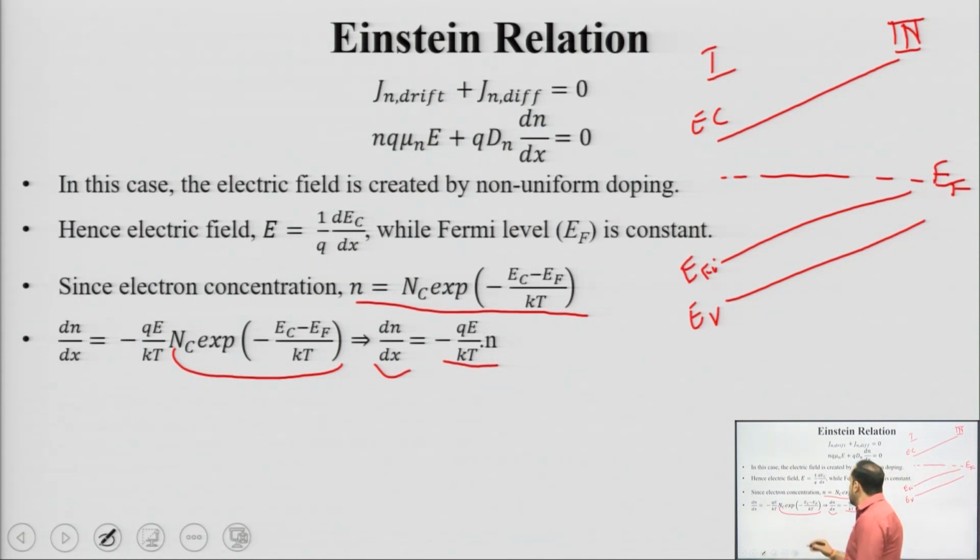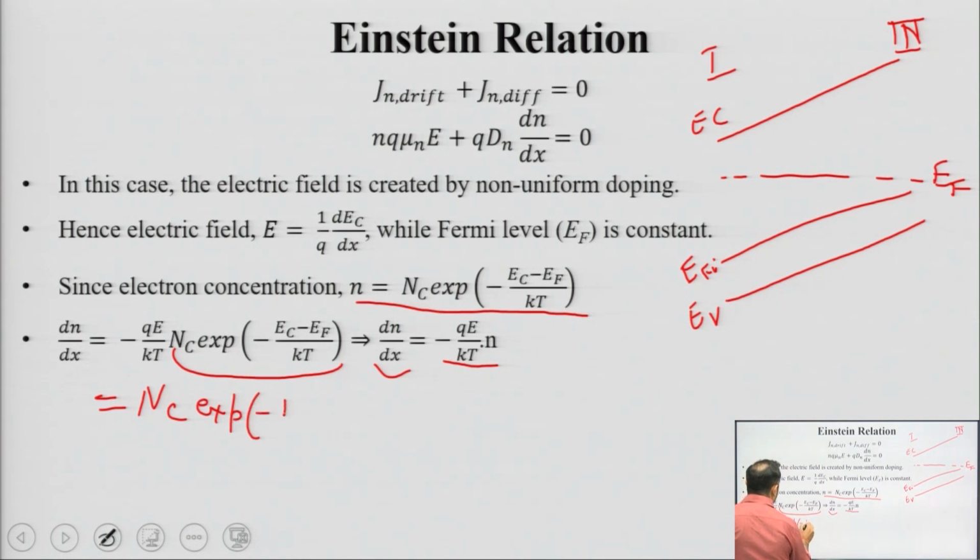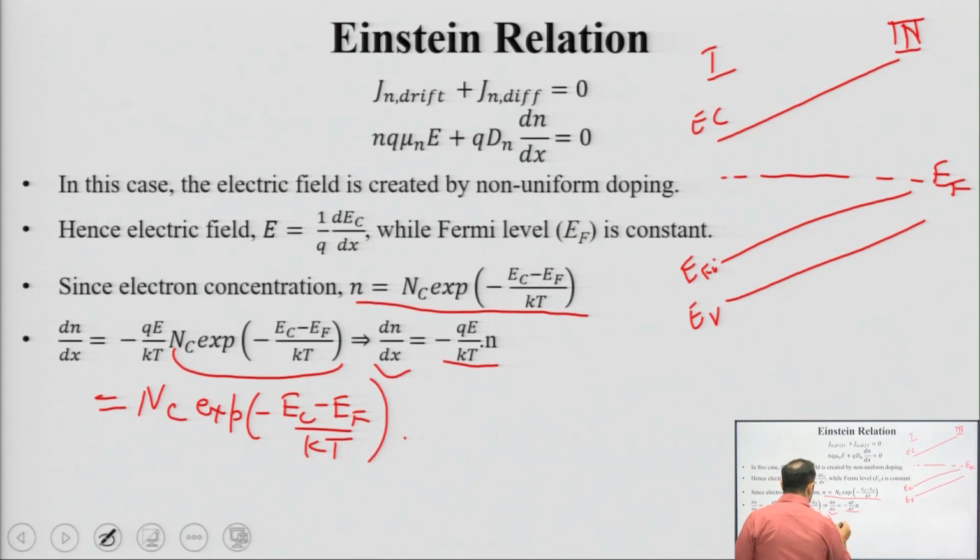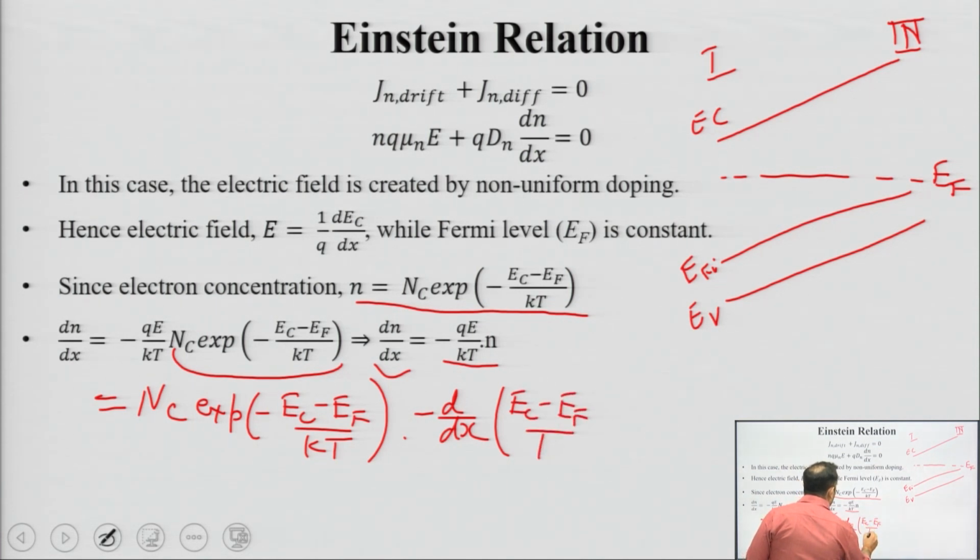Why? If you see here, when you differentiate, this is only going to give you dE_c/dx, because E_f is constant. When you differentiate this term here, you are going to get n_c exponential of minus (E_c minus E_f) by kT, and when you differentiate this here, you are going to get minus d/dx of (E_c minus E_f) by kT.